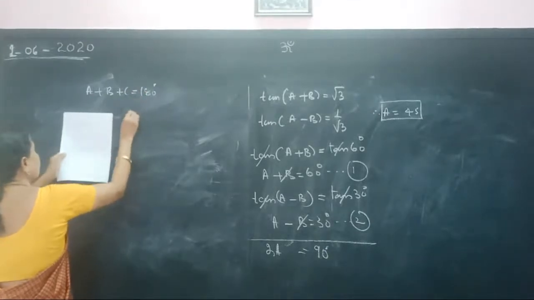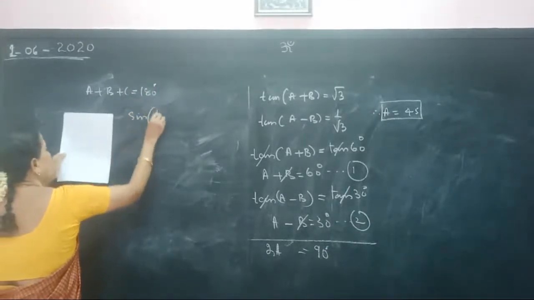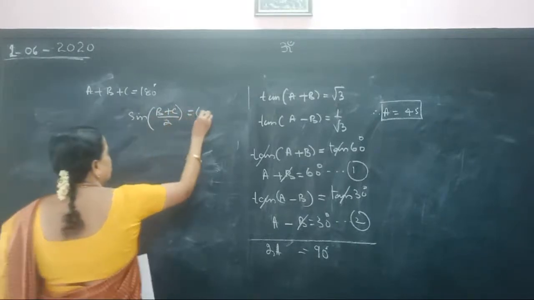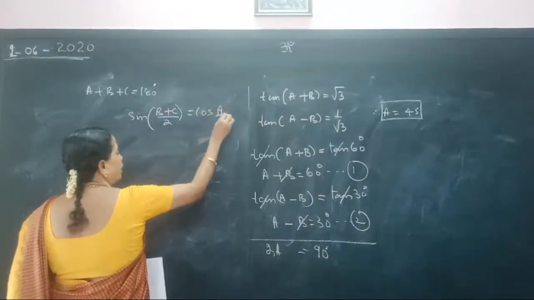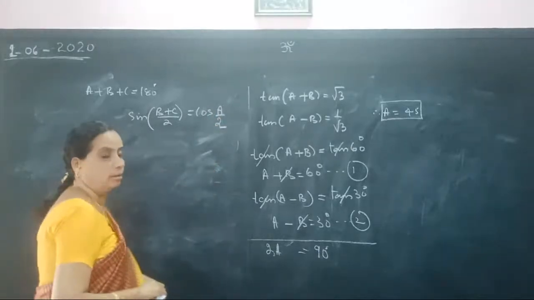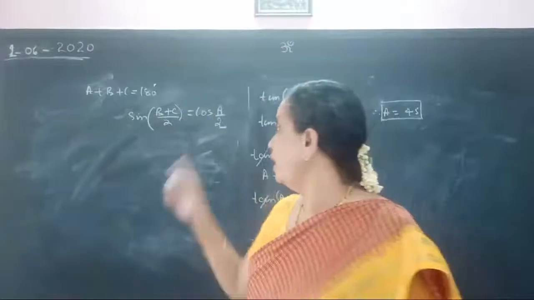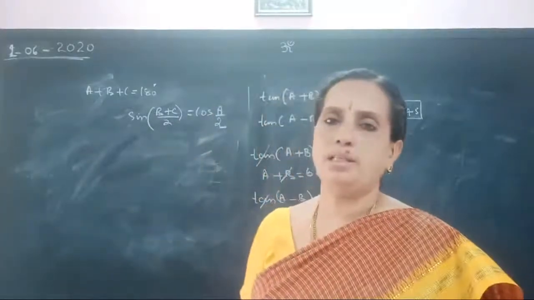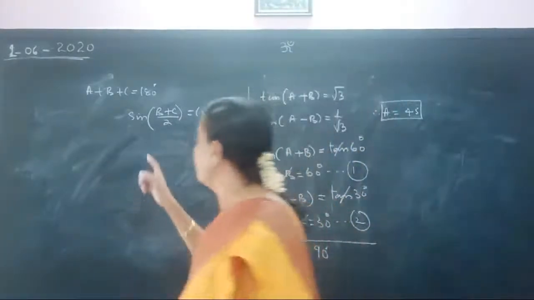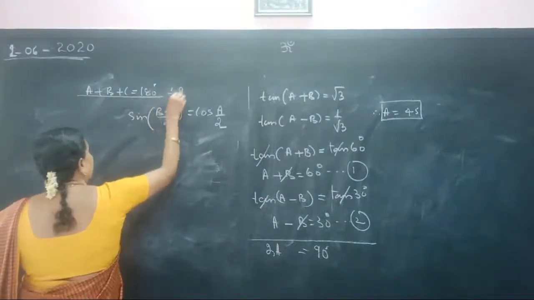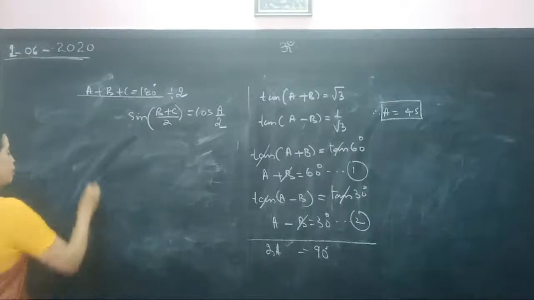We have to show sine of (B plus C) by 2 equals cos of A by 2. This is an application of the complementary relation. In the LHS, we require (B plus C) by 2. So, the given condition, they are the interior angles of the triangle, divided by 2. What will you get?